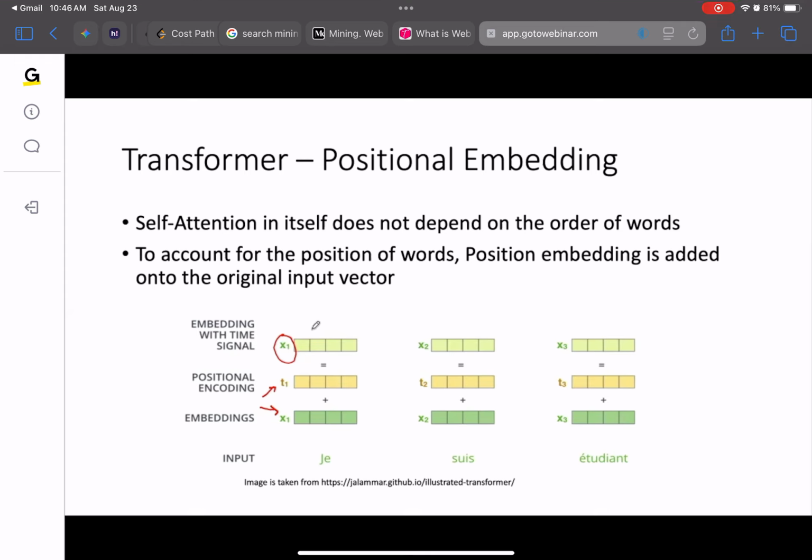Now there are different ways in which these position embedding vectors at each position are fixed or derived. There's a concept called sinusoidal position representation, which gives a fixed representation at each position. We also have learnable position representations. Those are also used. They have their own advantages and disadvantages.